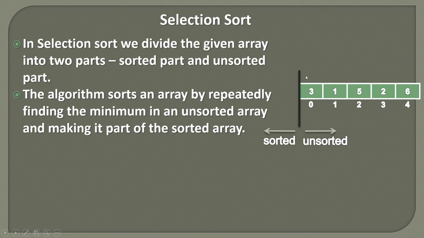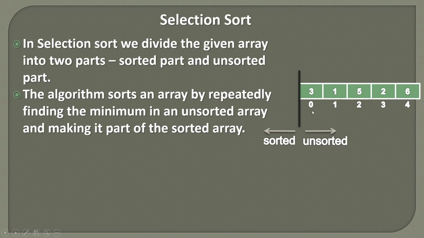We start with this boundary and we find which is the minimum element among all the elements in the unsorted part. Once we find the minimum element, we simply swap it with the leftmost element of this boundary. And as soon as we swap them, we know that the minimum element which we found is at its correct position.